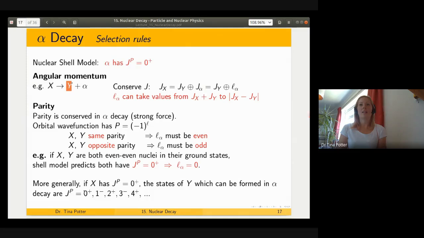I.e., if there is the same parity between this daughter particle and its parent particle, 0 plus, we're going to have an even L for our alpha particle, so it can be 0, 2, or 4, etc. And then if we're going to have a parity change from plus to minus here, then we're going to have odd numbers for L.